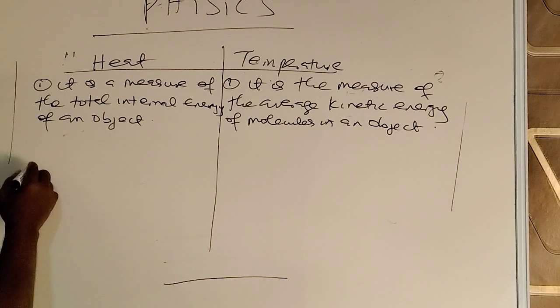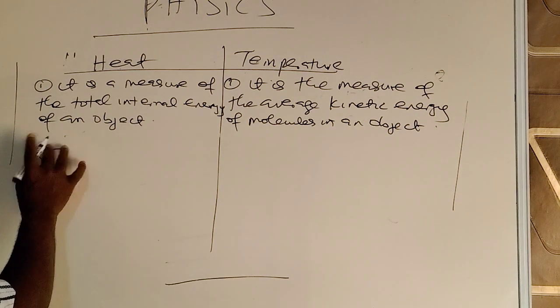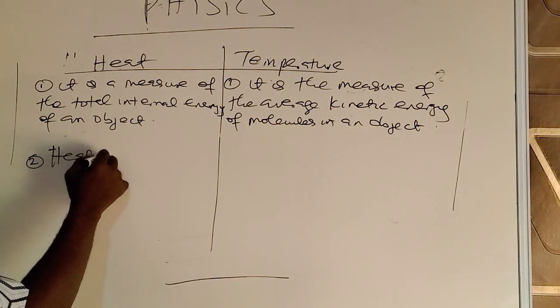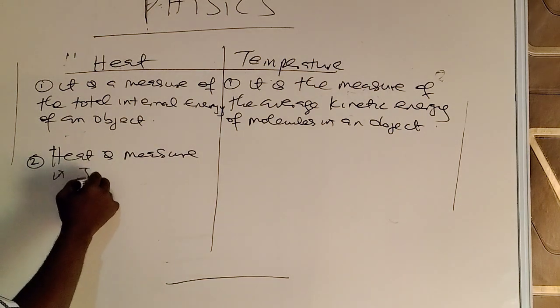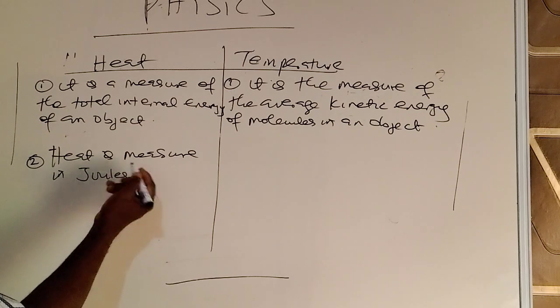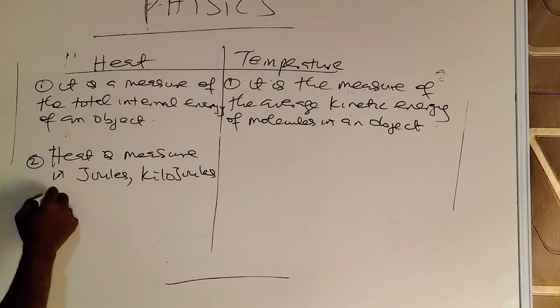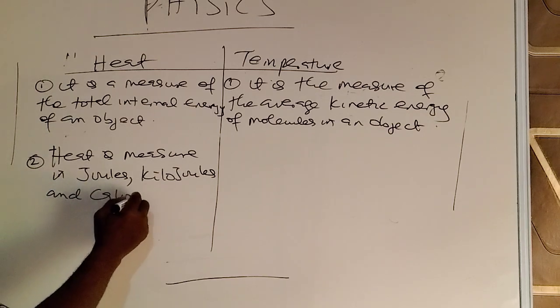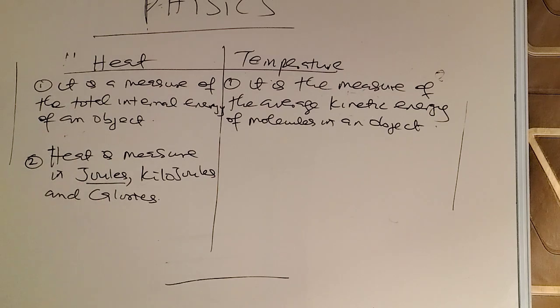Number two difference: heat energy is measured in joules, kilojoules, and of course what we call calories. So we can measure heat in these units. But out of these units, the SI unit of heat, SI meaning standard international unit, is joules.